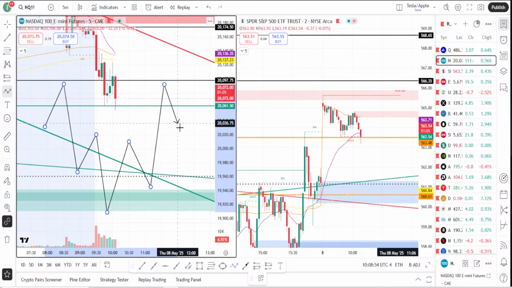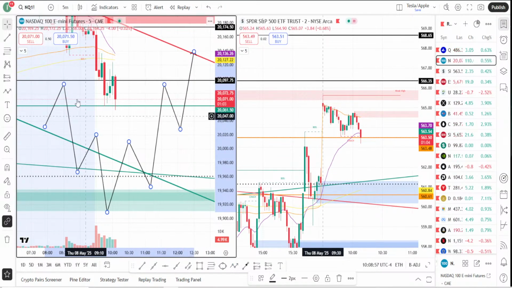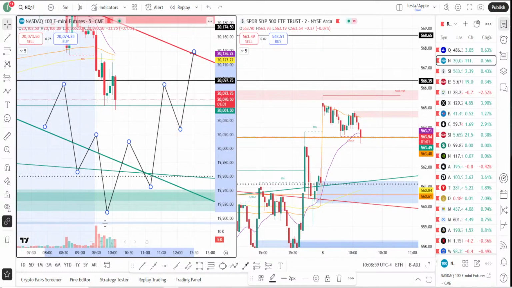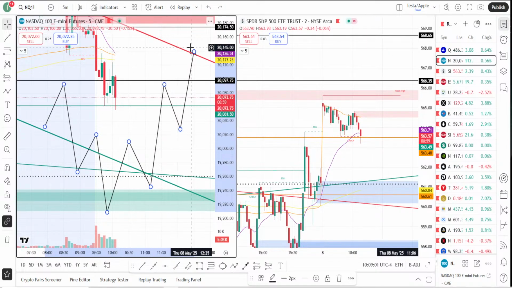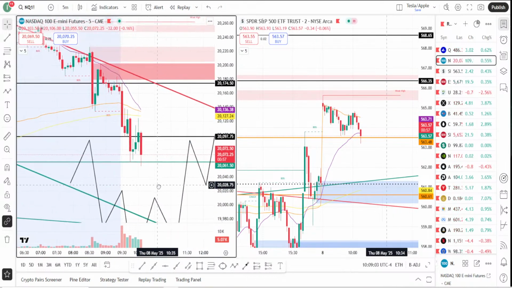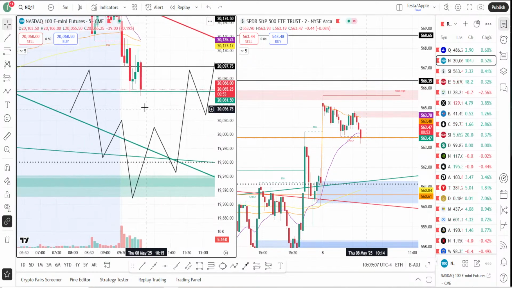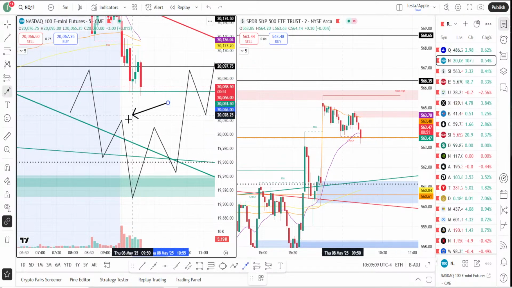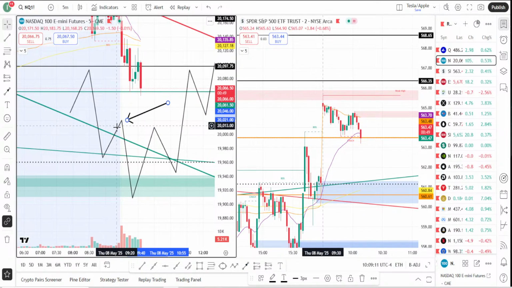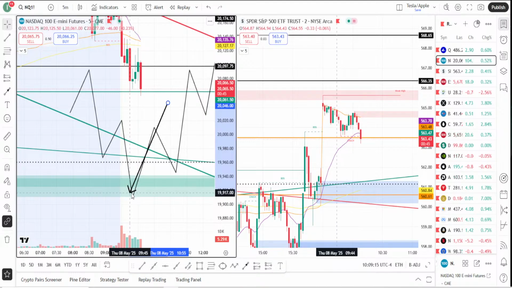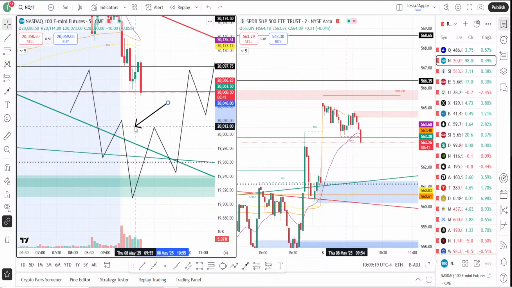It doesn't always move in a straight line, so you gotta know when to catch the wave. If it's going down and I think it's gonna go lower, I want to sell as high as possible so that I can buy out of my sell position as low as possible, and whatever the difference is, your profits. Okay.